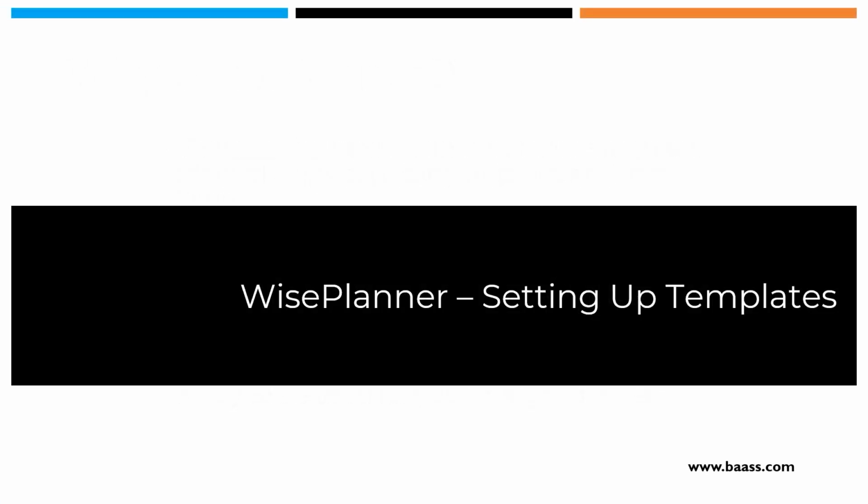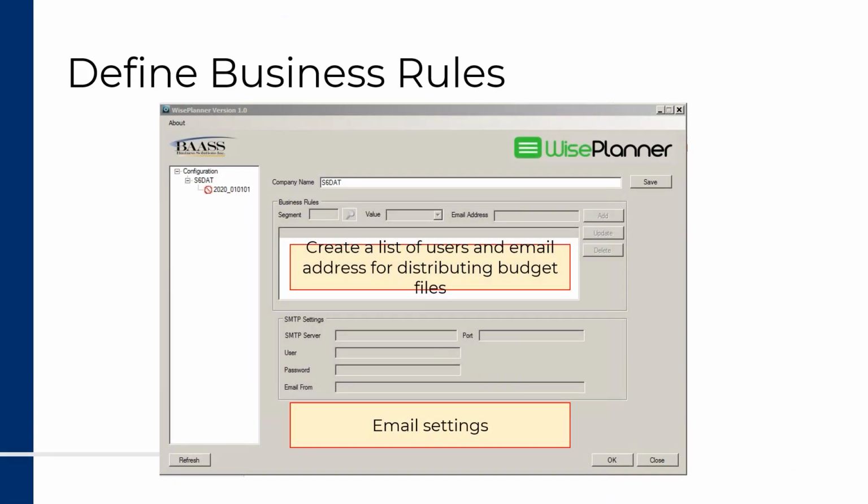So let's walk through some of the key features of Wiseplanner. What you see now is the front end, and this is the only one screen that you need to work with in Wiseplanner. There are not multiple screens or anything like that. This is a one-time setting to say, whenever I generate any Excel templates, I want these users to be receiving the templates.